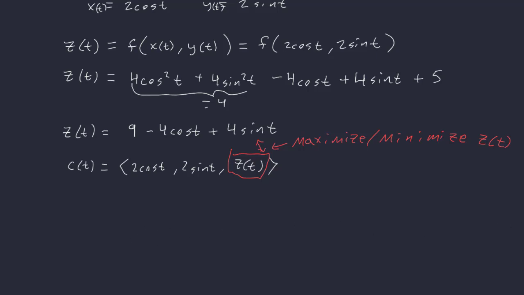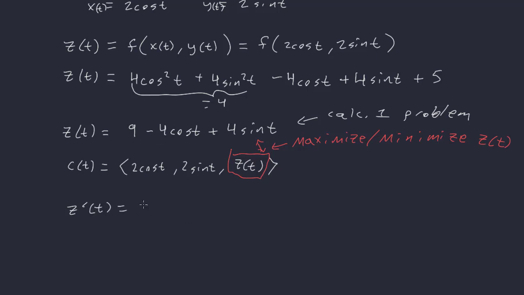All right, so to do that, this is now a Calculus 1 problem. Right? Because to optimize just a single variabled function like this, well, we just take z prime of t. So the 9 disappears.